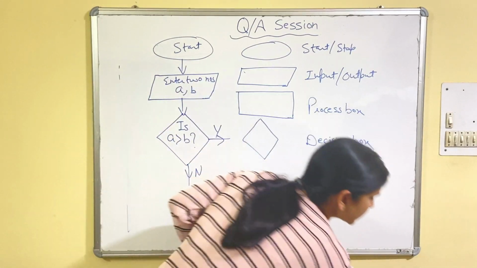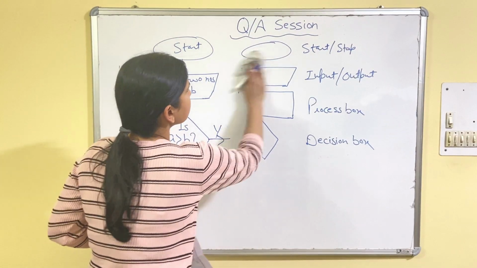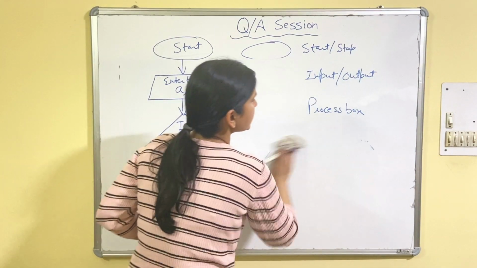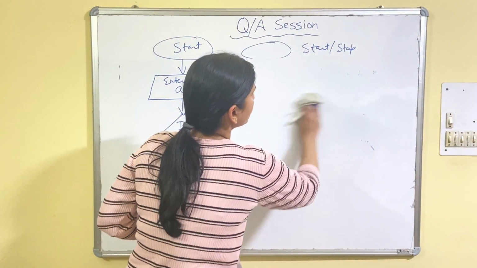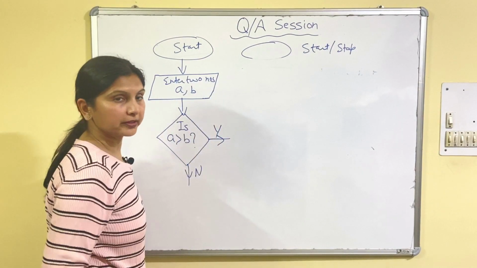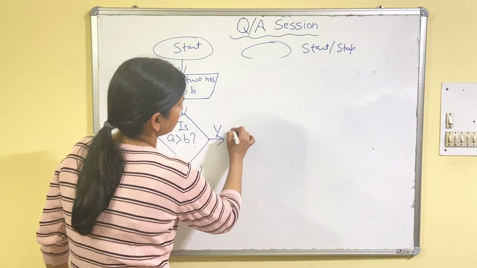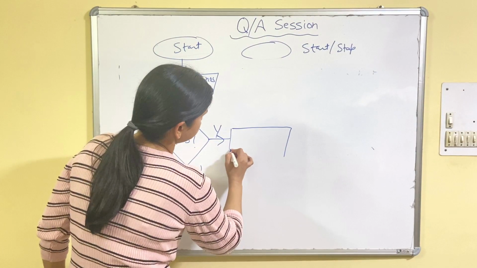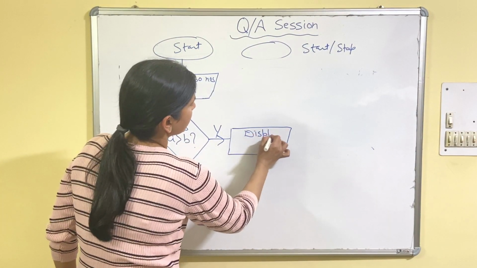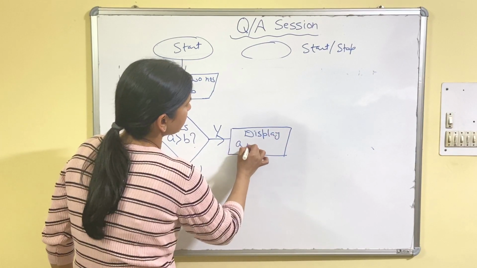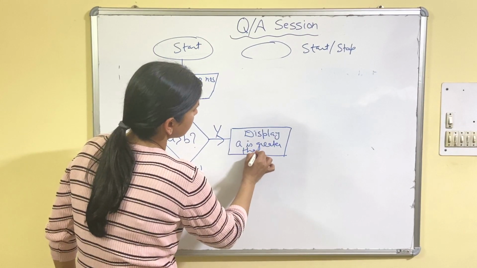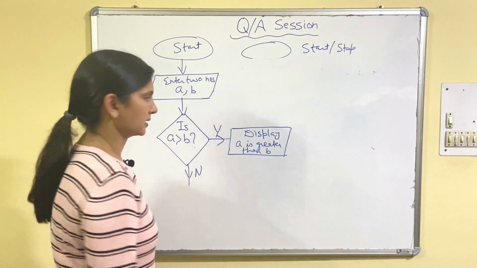Then the message should be displayed: A is greater than B. And to display the message, which box do we use? The output box. The shape of the output box is the same as the input box. So we display A is greater than B. Fine.